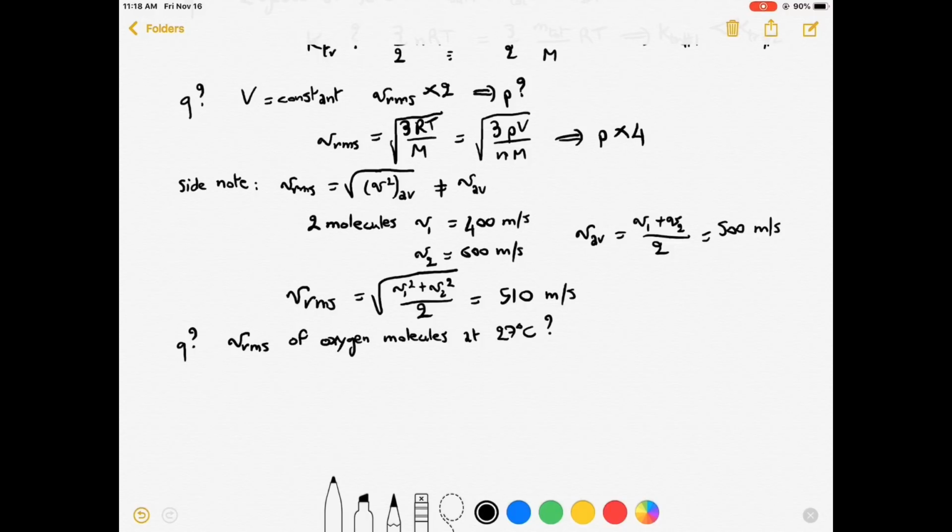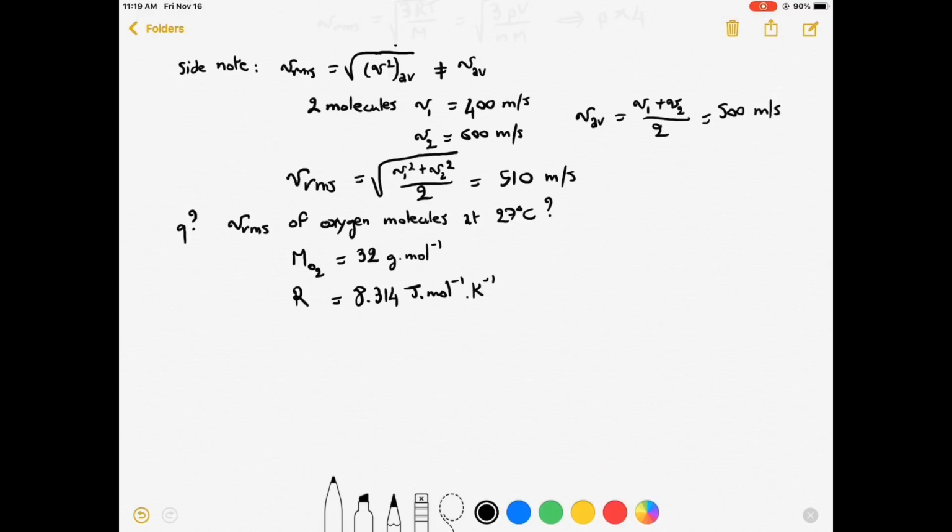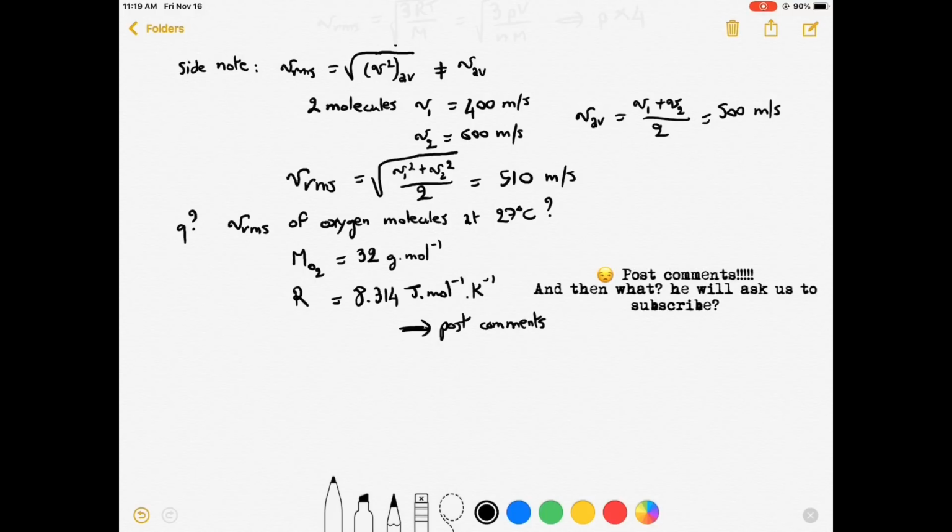For this you will need the molar mass of oxygen molecules, which is 32 grams per mole, and the gas constant, which is 8.314 joules per mole per Kelvin. I could do this for you, but you would not learn anything, so I will let you calculate this, and you can post comments below this video.